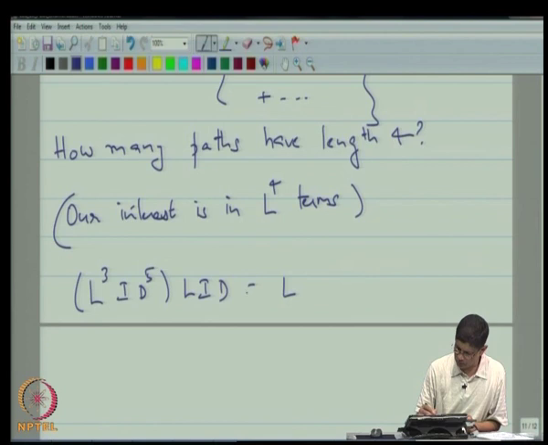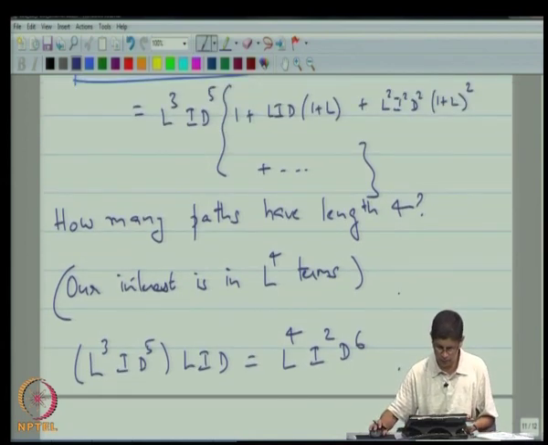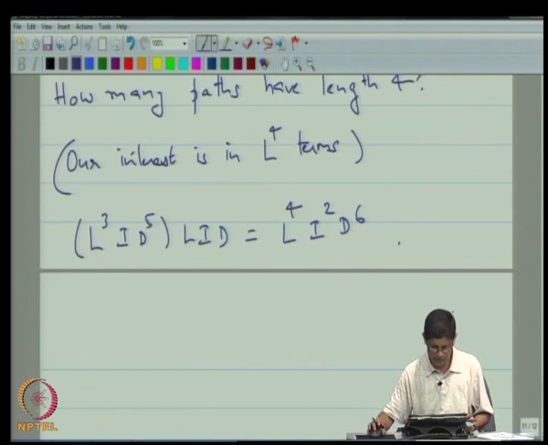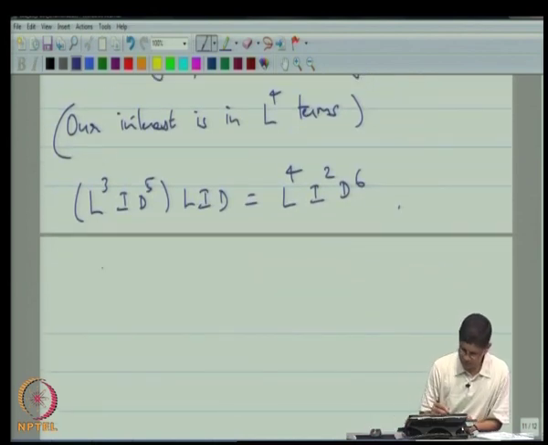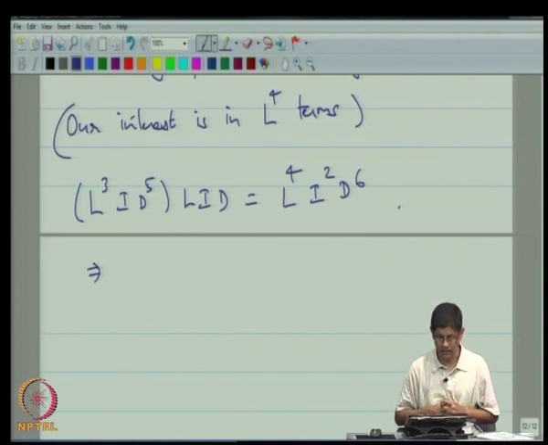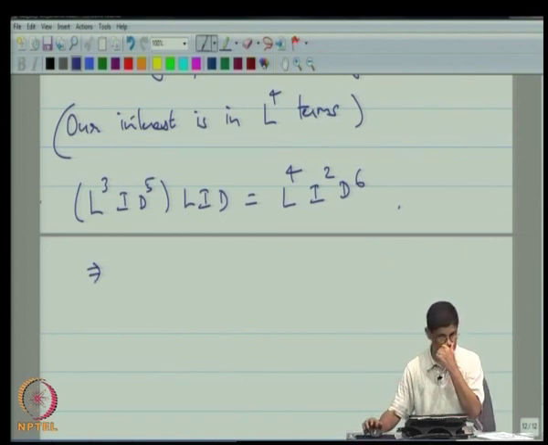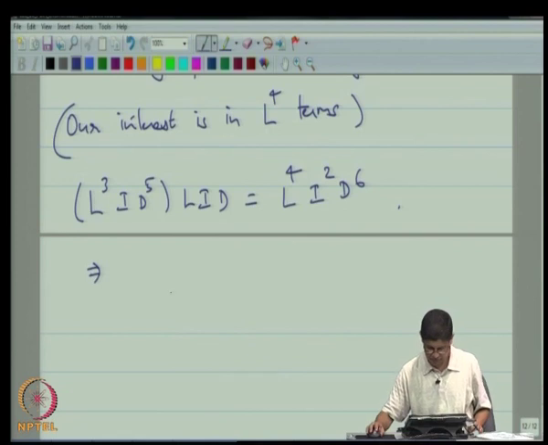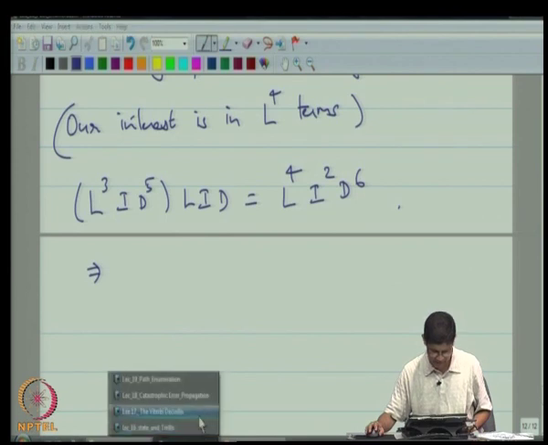So, this gives you L to the 4 I square d to the 6, and the coefficient is 1. So, what does that mean? It means that there is one path in the trellis whose length is 4, which has information weight 2 and Hamming weight 6. Okay, so, let us try to remember L 4 I squared d 6 and go back and check if that was the case.